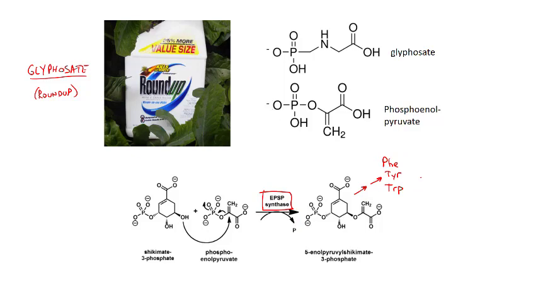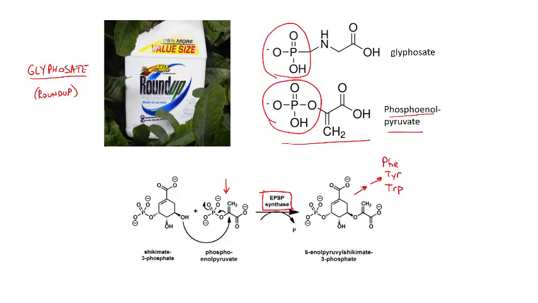But the key feature of this enzyme is that one of the substrates for the enzyme, phosphoenol pyruvate, which is shown over here, this is what the structure of phosphoenol pyruvate looks like. This is the structure of glyphosate. So you'll see that at a glance, they look very, very similar. They both have a phosphate on one side.